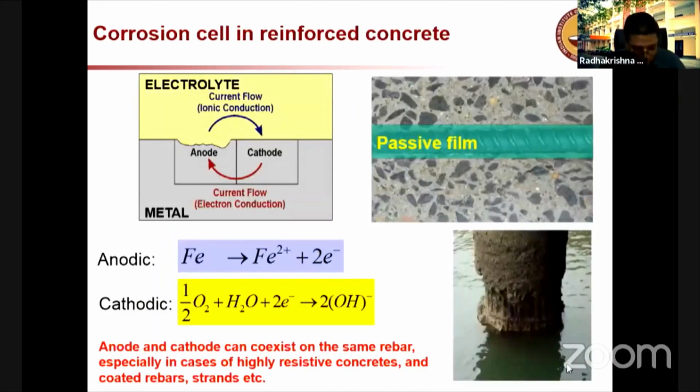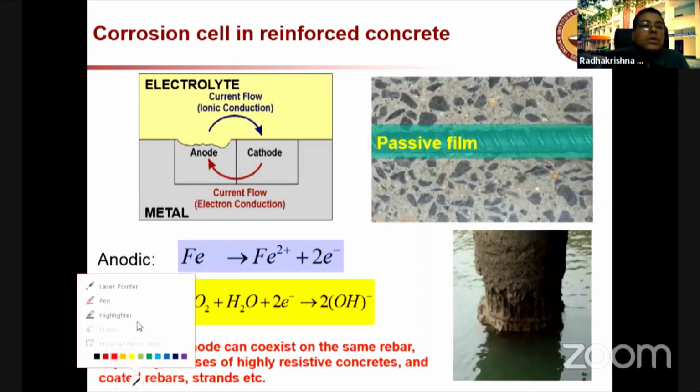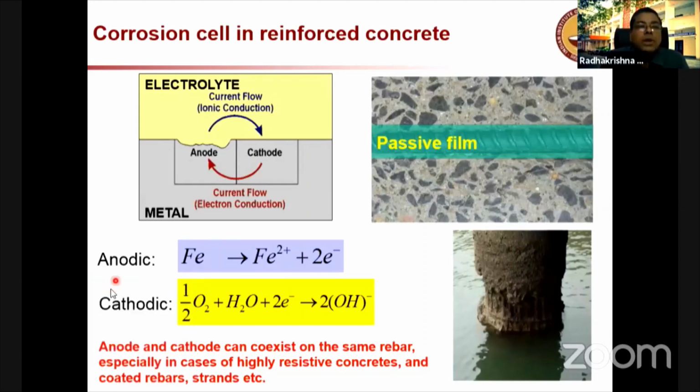So let's see what is chloride-induced corrosion. Now, whenever you talk about a corrosion cell, you have to think about an anode, a cathode, an electrolyte, and a metal. So here, the anode is the region of the steel which is corroding.